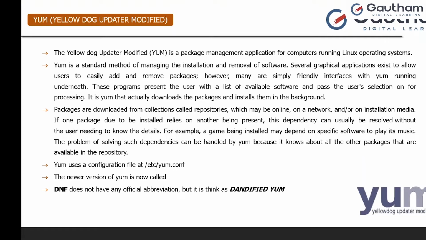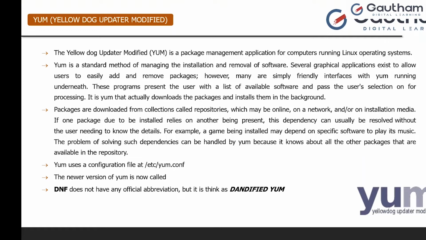Now, what is yum? Why do we need yum? See, yum can also do the same activities of installing a package, uninstalling a package, or getting information about a package, all those things we have seen with RPM. But sometimes when you are installing a package, it requires a dependent software.